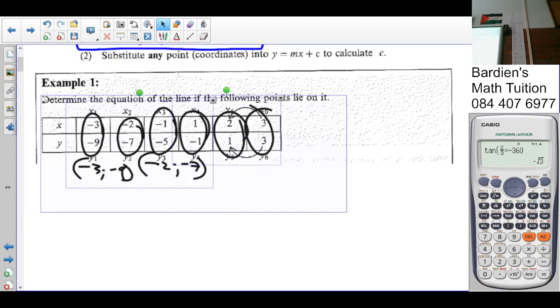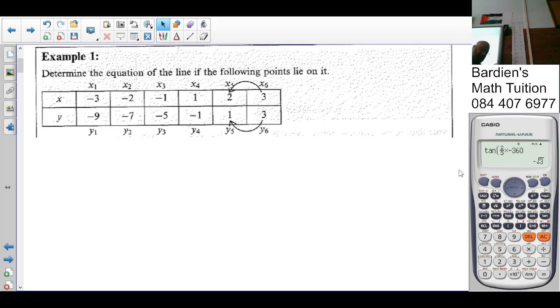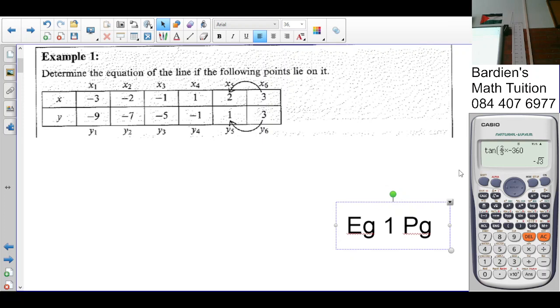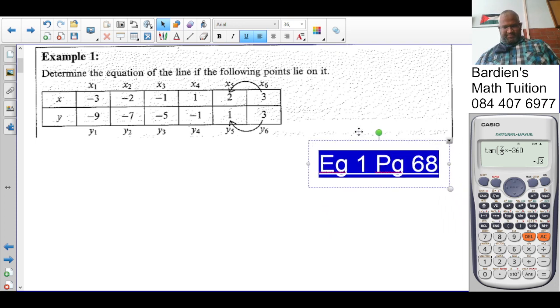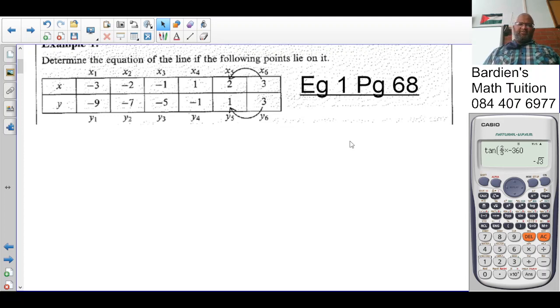In pursuit of calculating, remember here in question 1, example 1 on page 68. We are told to determine the equation of the line.